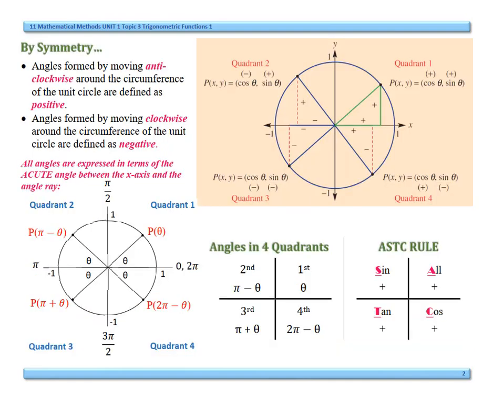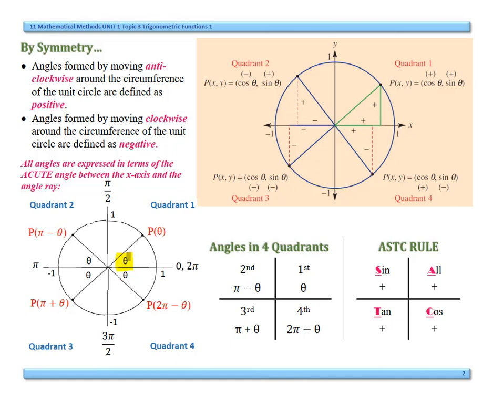So this slide here summarizes all of that. Angles formed moving anti-clockwise around the circumference of a circle are defined as positive. Angles formed by moving clockwise around the circumference of the unit circle are negative. All angles are expressed in terms of the acute angle between the x-axis and the angle ray. So that's that theta there, or our reference angle.